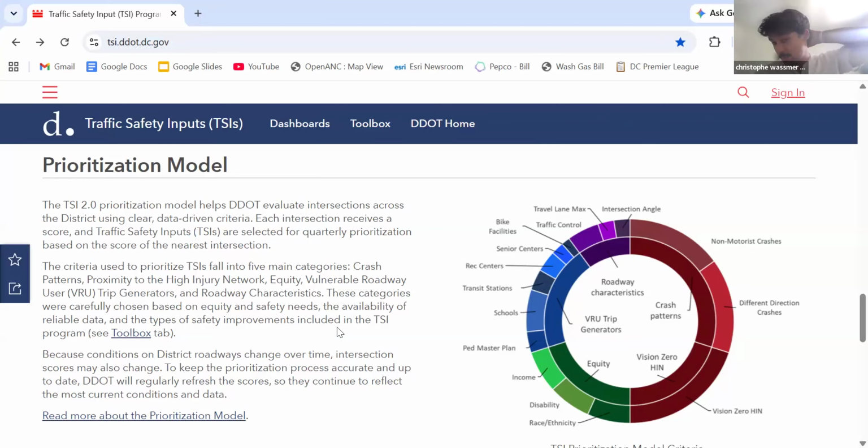I think it's the most appropriate tool for what you are looking for and what the ANC has communicated to me, which is that there are lots of small requests and small improvements across the entire neighborhood for safety. Instead of just waiting for every single TSI to get selected in each of these different blocks, this is looked at and addressed across the entire neighborhood.